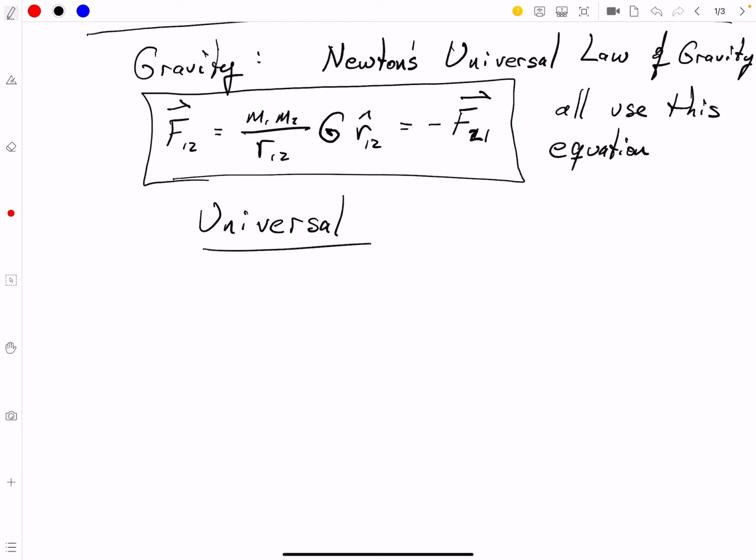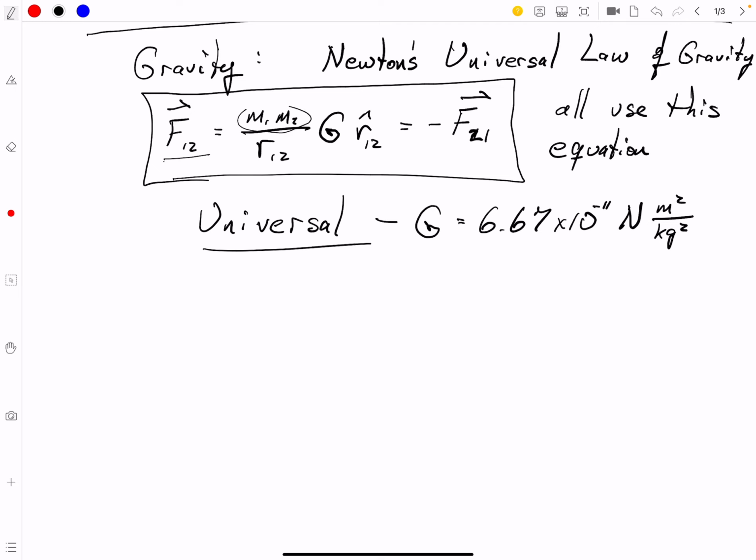And being universal, the gravitational constant is also universal, and that gravitational constant is 6.67 times 10 to the minus 11 newton meters squared per kilogram squared.